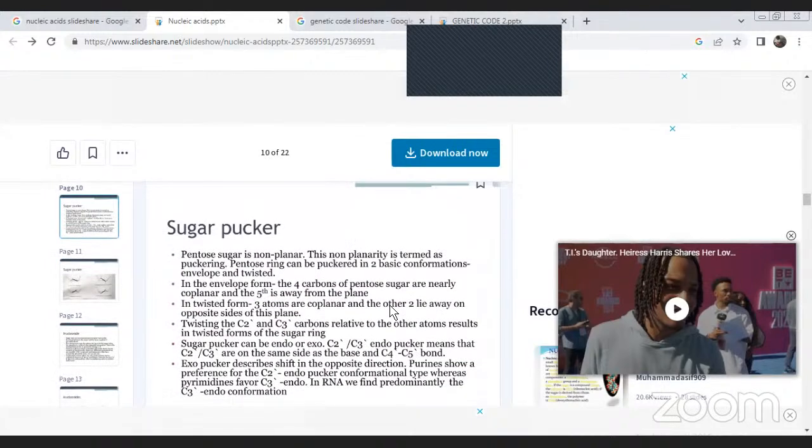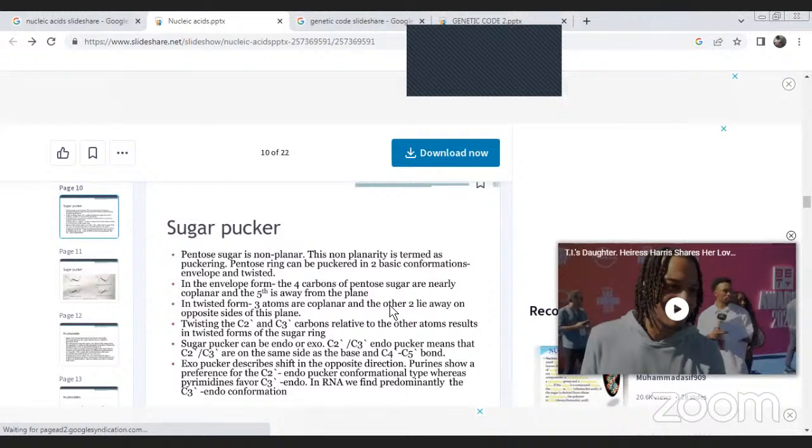The pentose sugar is non-planar. This non-planarity is termed puckering. The pentose ring can be puckered in two basic conformations, envelope and twisted.